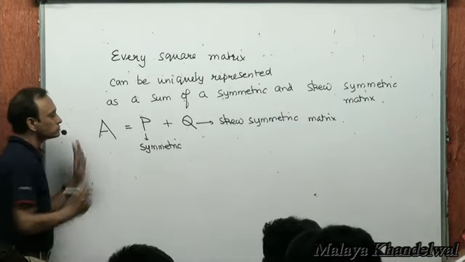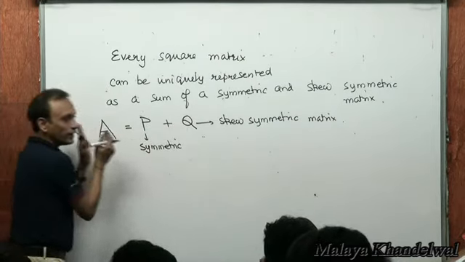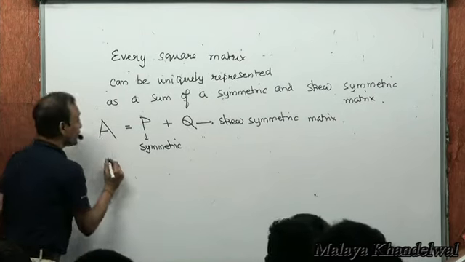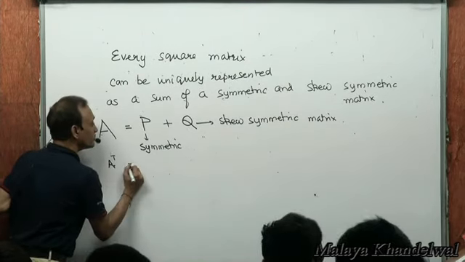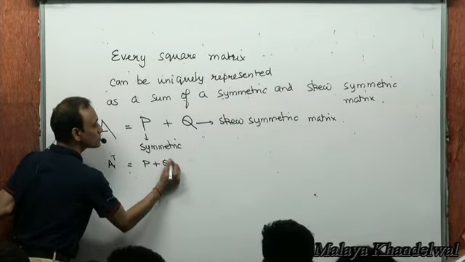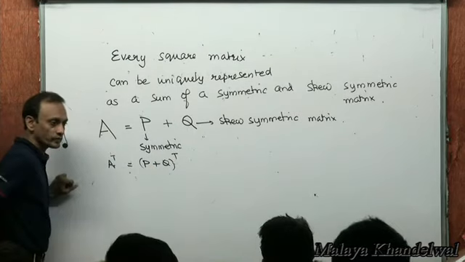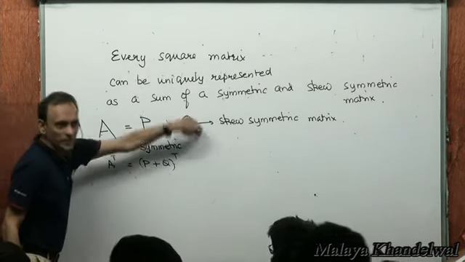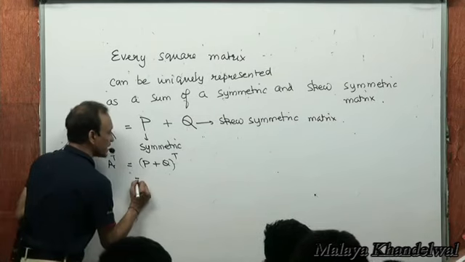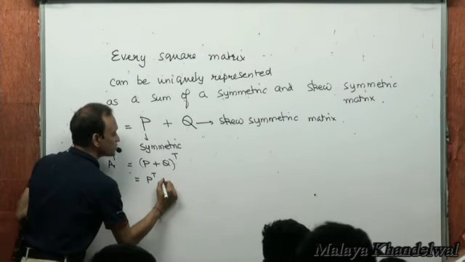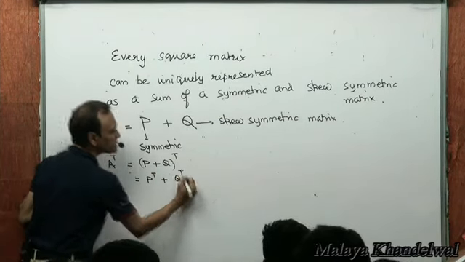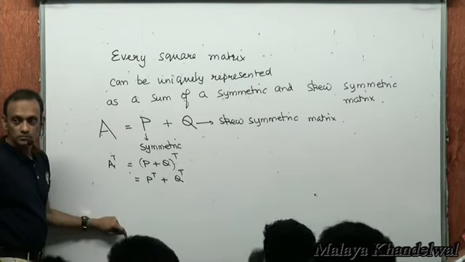Now, if I know A, I can find its transpose. A transpose would be (P plus Q) transpose, which from properties of transpose is P transpose plus Q transpose. Yes or no?